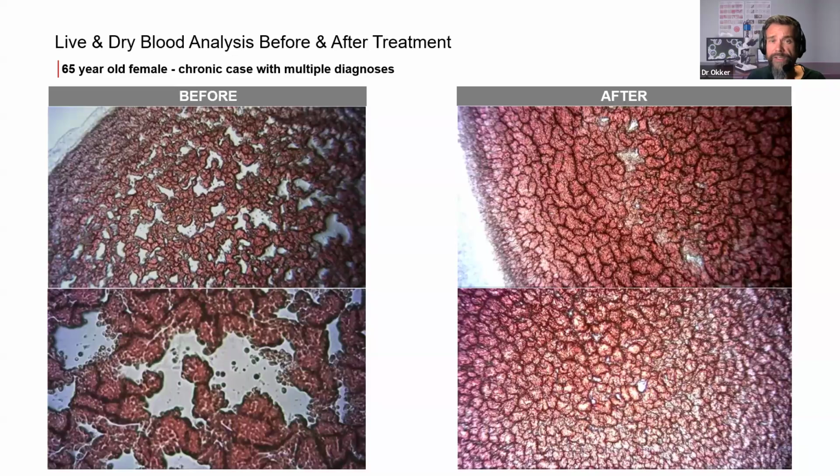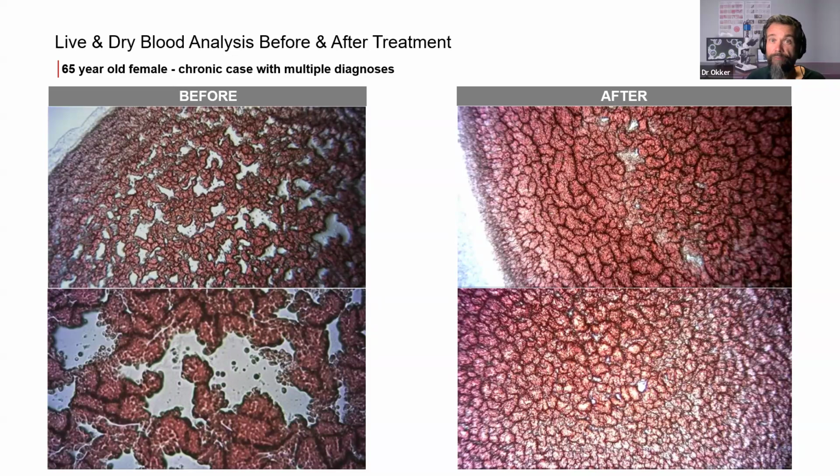So we're actually able to assess quite easily by looking at the dry blood sample what a client's risk of degenerative conditions is. And if we're seeing that, then it also means that those clients would be treated slightly differently. The protocols would be slightly different from someone who doesn't present with these types of patterns.